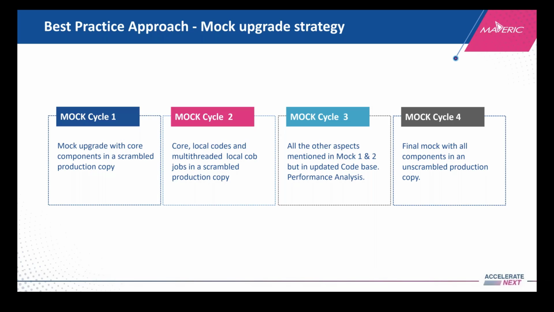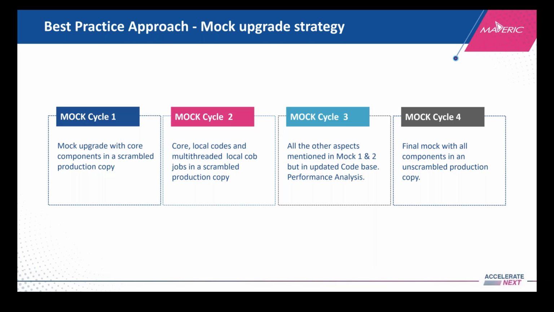Next is core, local codes, and multi-threaded local jobs, all in a scrambled copy. Previously it was only core, now we are bringing in all the local jobs and the local codes here. So mock cycle 2 highlights and focuses on all the non-code developments. Mock cycle 3 is basically similar to mock cycle 2, but as the upgrade project progresses and we come to the phase where we are doing the mock, there are some codes which might have gone live that were not considered in the initial mocks.